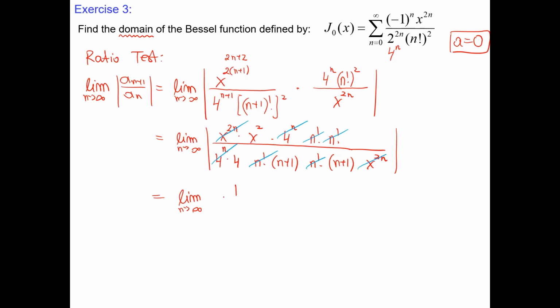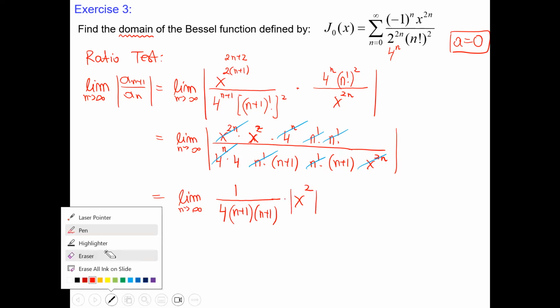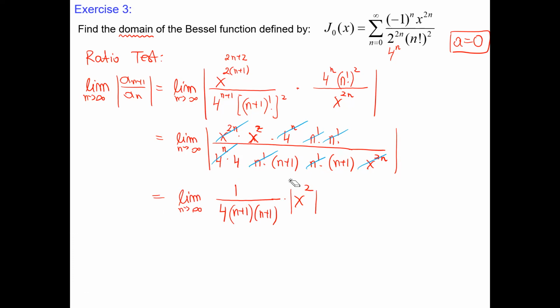No n on the top, so I can put 1. Then we have 4 times n plus 1 squared, and times x squared. I'm supposed to keep the absolute value, but we don't even have to because it's x squared, which is always positive, but let's keep it.